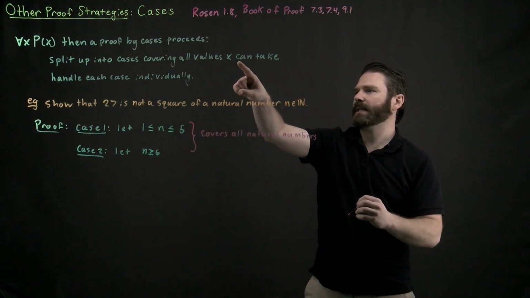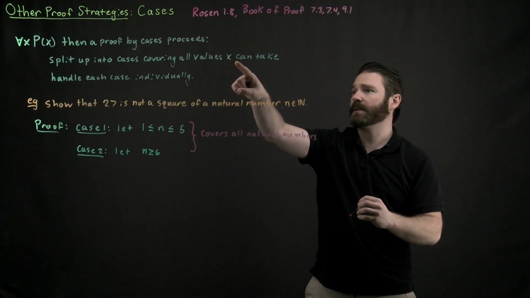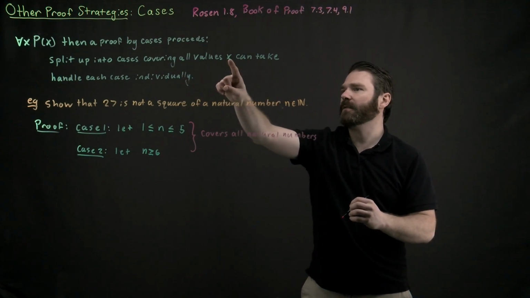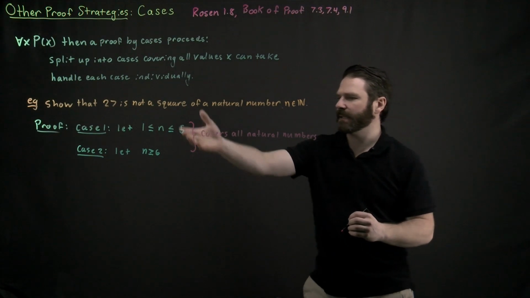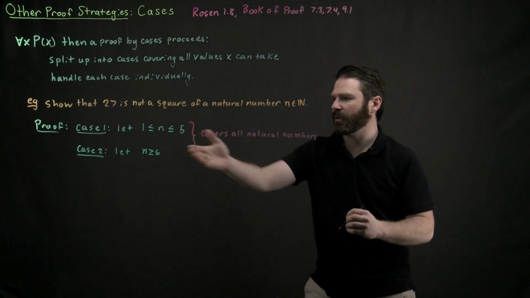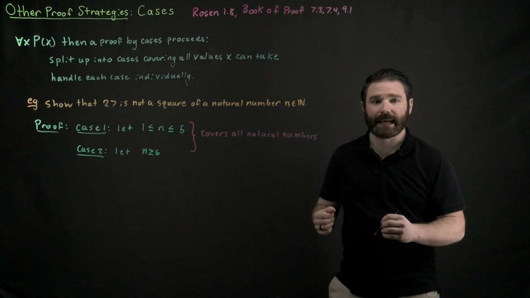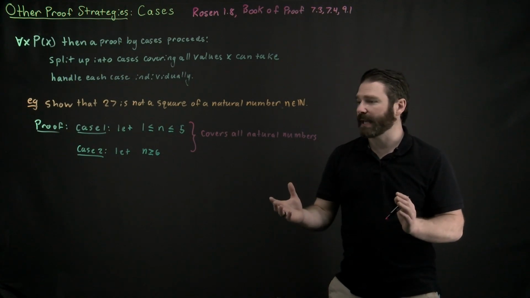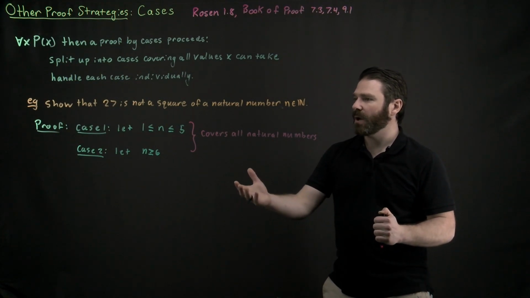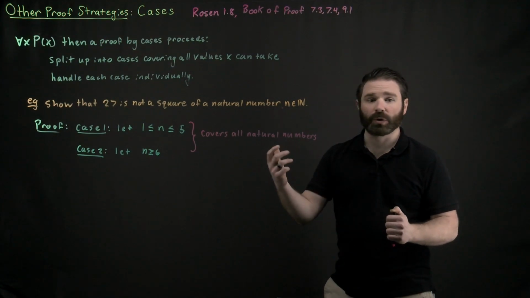And that was important. We had to split up our cases into ones that handle every single value that x can take. And indeed, in this case, these are all the possible values that natural numbers can take. So I split it up into these two cases, and we will see in a second why I did this, because it is more convenient.